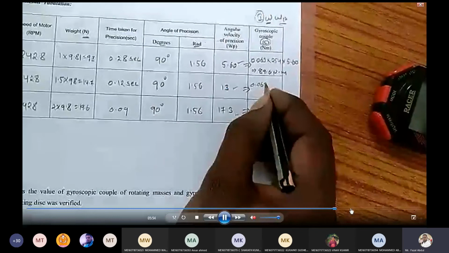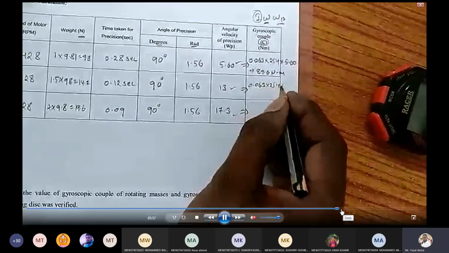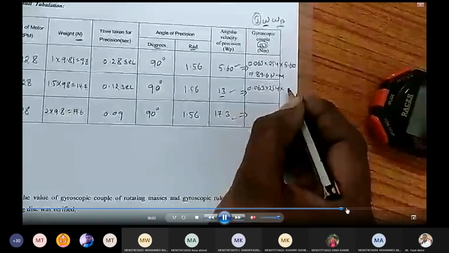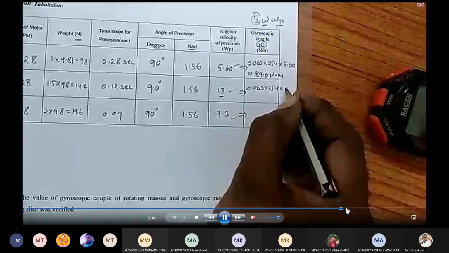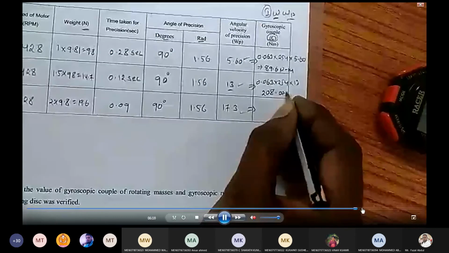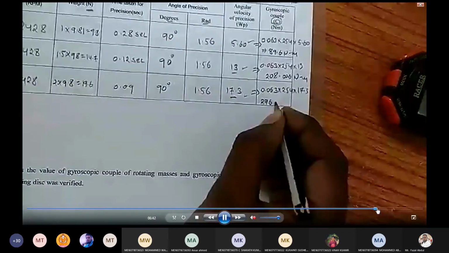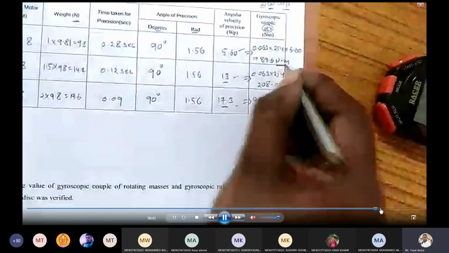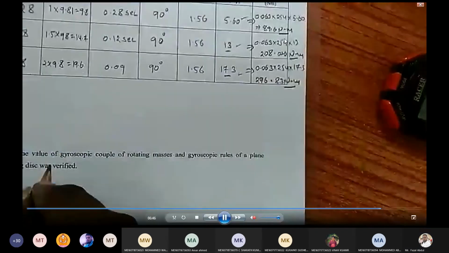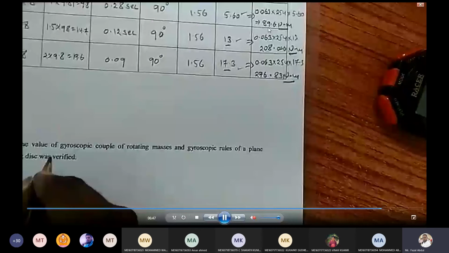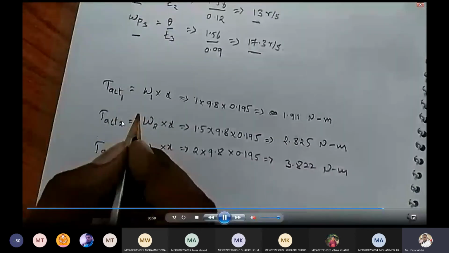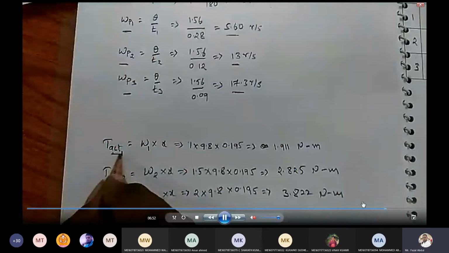Second time I value, then omega value, then omega P value. Third value. Now three values we got. These three values we need to compare with the actual values.